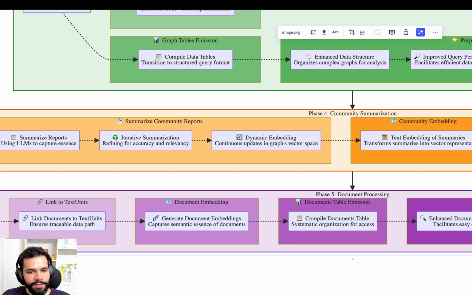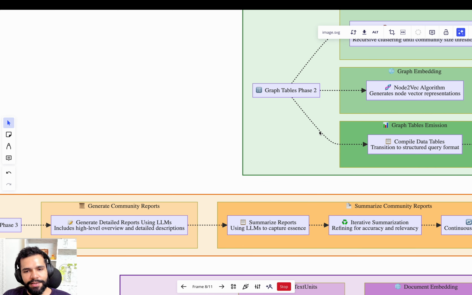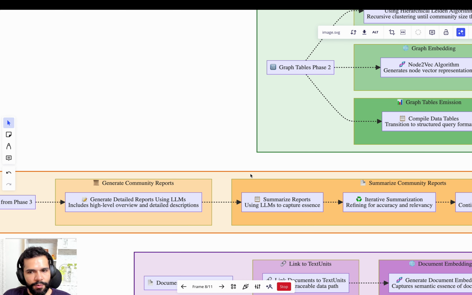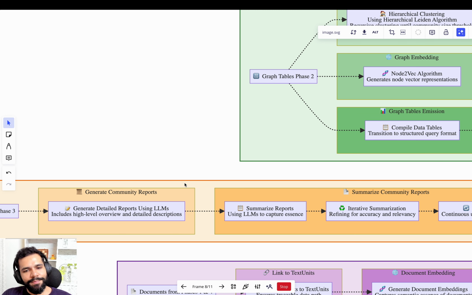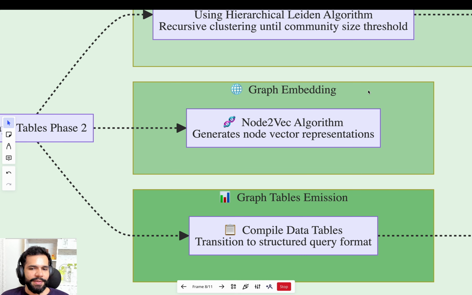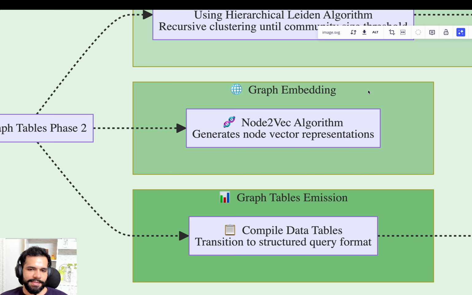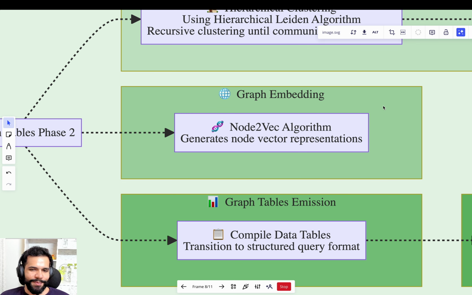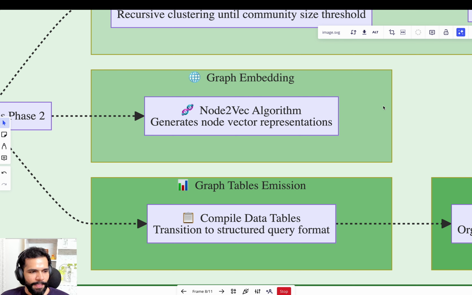And here we are talking about community detection. We will better understand how this clustering is done. Moving on to embeddings. We follow the detection of communities and proceed to graph embeddings. We use the node-to-vec algorithm, and this step transforms a graph into a geometric space. This is where the graph moves from a more structured or tabular form to a more geometrical space, where each node's position is determined not just by its explicit connections, right?